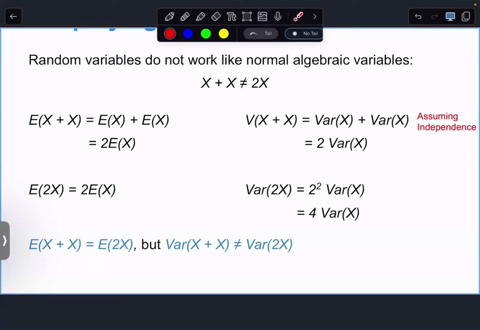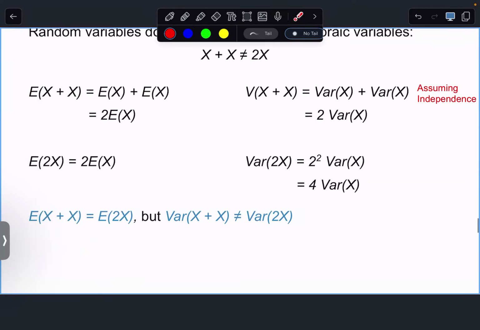Because you would still attach the expectation on each of the variables. And then if you have the expected value of X plus the expected value of X, then you have 2 times the expected value of X. And when you wrap the expectation inside, it just bumps the 2 outside, for example.